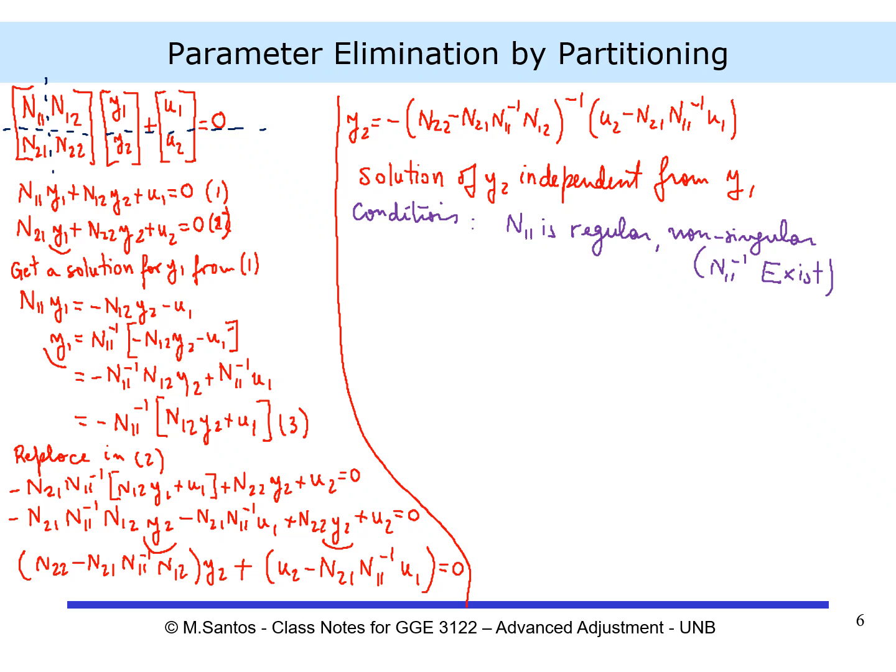The other condition is that the term N22 minus N21 N11 inverse N12 is regular. It has to be invertible. Otherwise, I have no solution here.